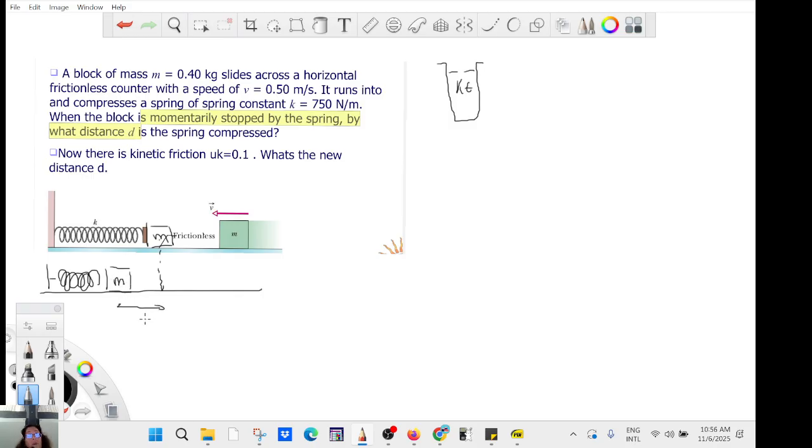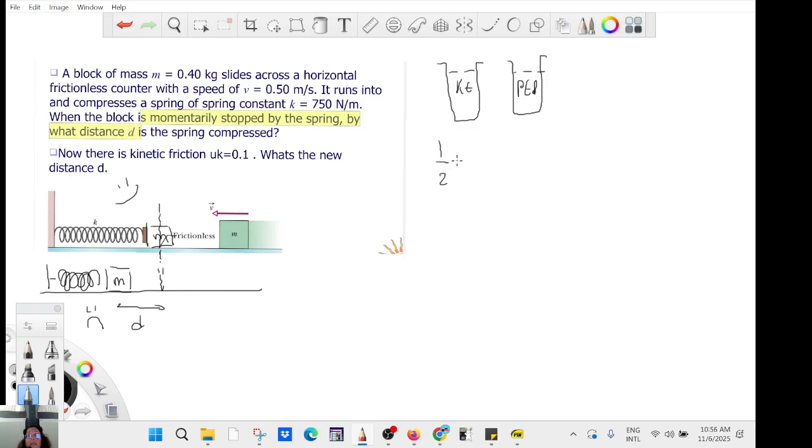The distance by which it's compressed is called d. This is a happy spring, this is not a happy spring. There will be a restoring force. So all that kinetic energy goes into elastic potential energy. It's easy, right?